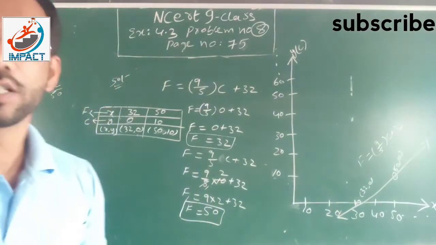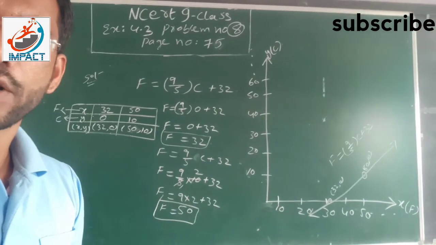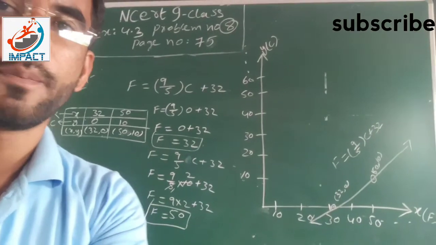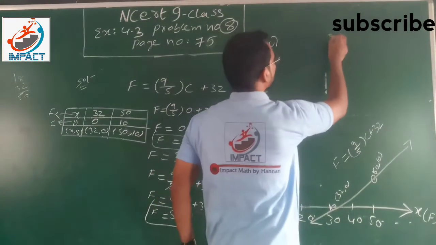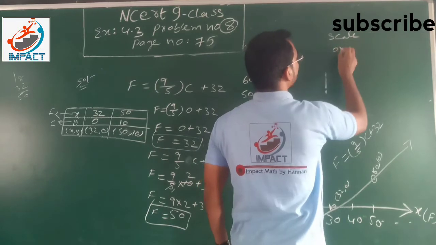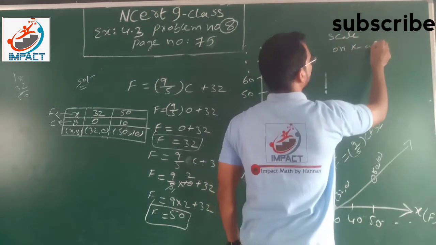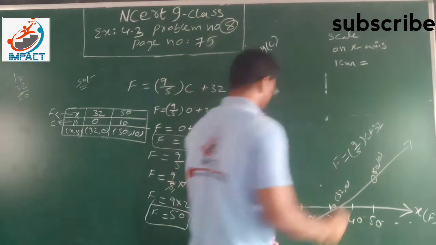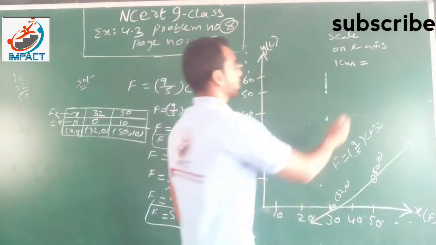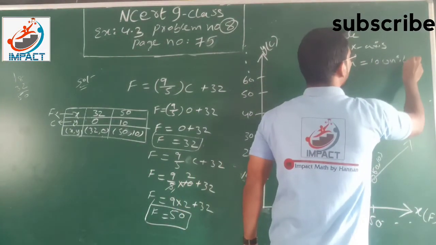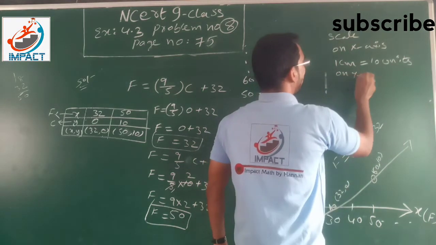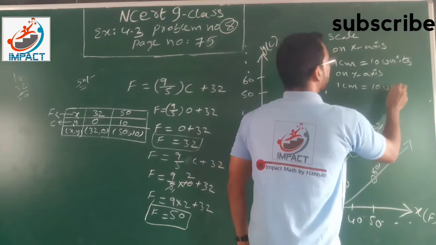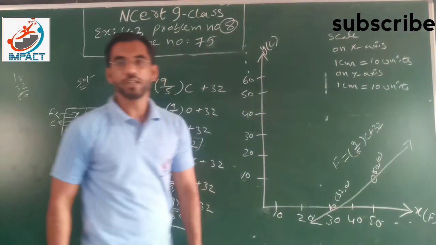Everyone knows how to write the scale, but if you have not understood, we will see it now. On the x-axis, 1 centimeter is equal to 10 units. Like that, on the y-axis, 1 centimeter is equal to 10 units.